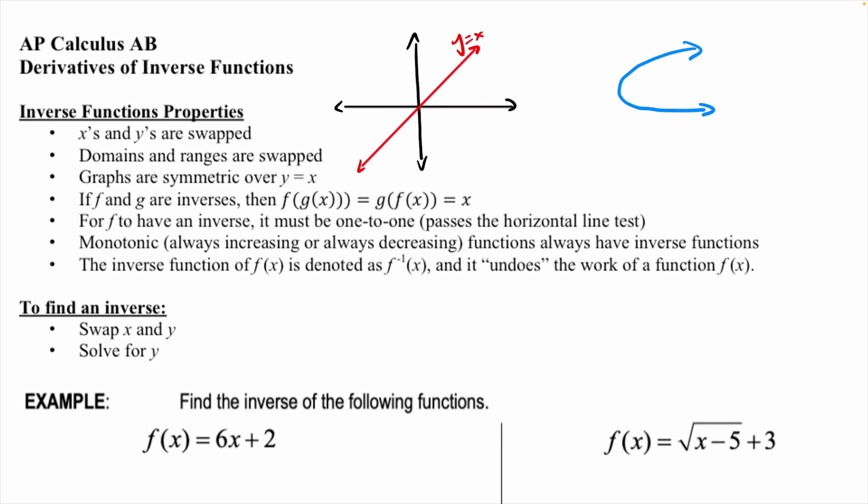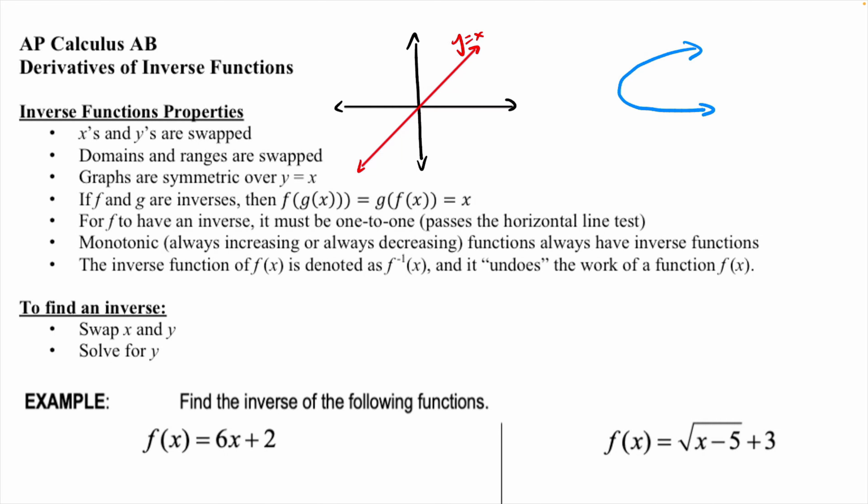So for it to have an inverse, it has to pass the vertical line and horizontal line test. The ones that do not have inverses, the most common are quadratics, because they pass the vertical line test, but they don't pass the horizontal line test because it hits in multiple spots. The other ones are x to the 4th, x to the 6th, x to the 8th.